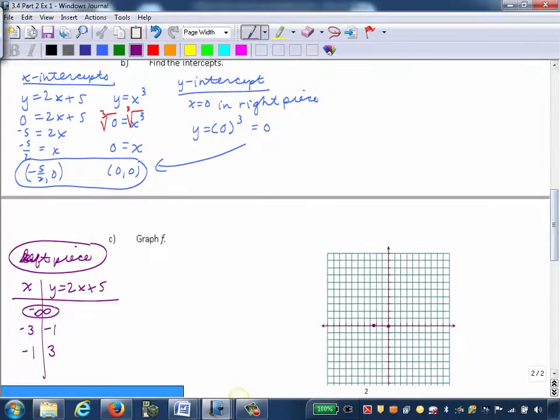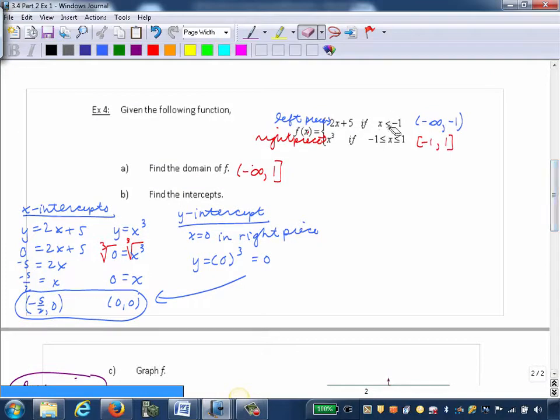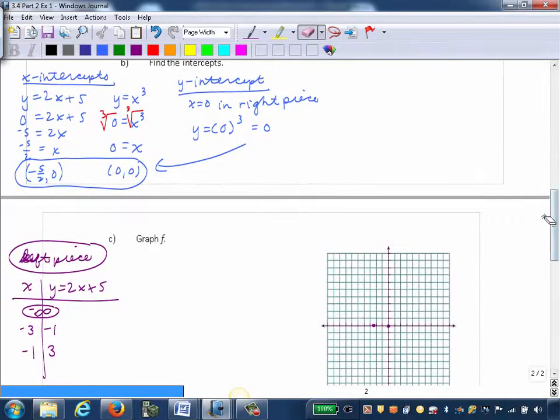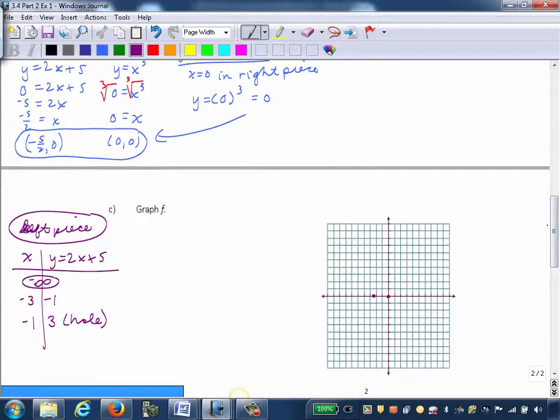On my right endpoint, according to our equation, it's x strictly less than negative 1, parenthesis on that boundary. So that means we don't actually have a point at negative 1, 3. We have a hole here, so when we sketch that on the graph, we're going to use an open circle. So we have our points negative 3, negative 1, and negative 1, 3, and that's where the right endpoint ends.